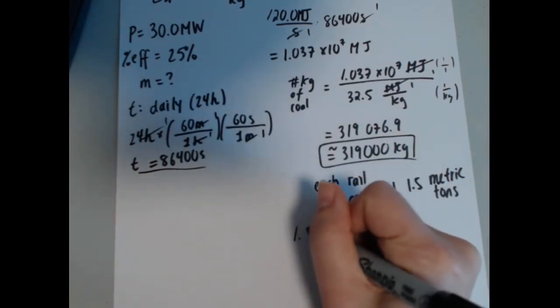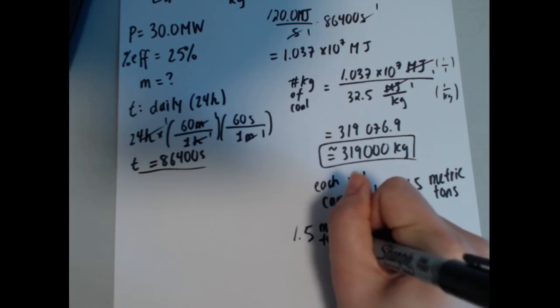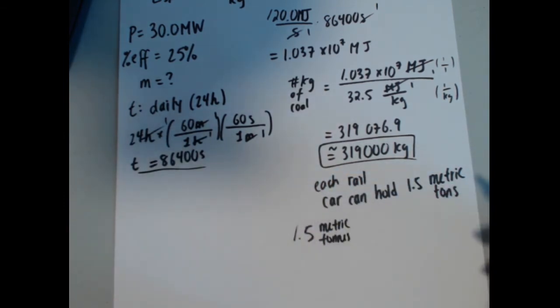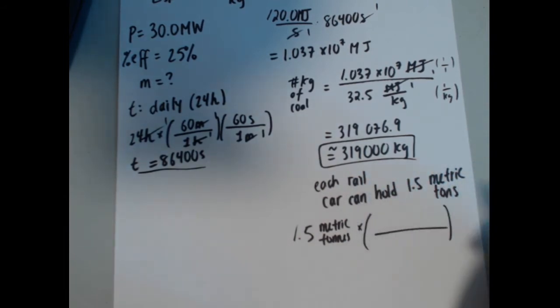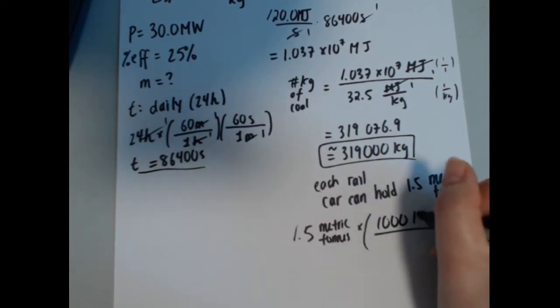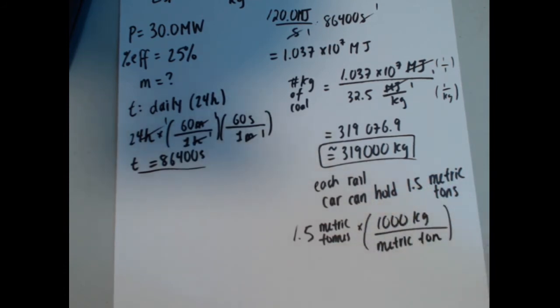Okay, so if I have 1.5 metric tons, I know tons can be spelled two different ways. I actually don't know the difference, but here we go. It's 1,000 kilograms per metric ton.